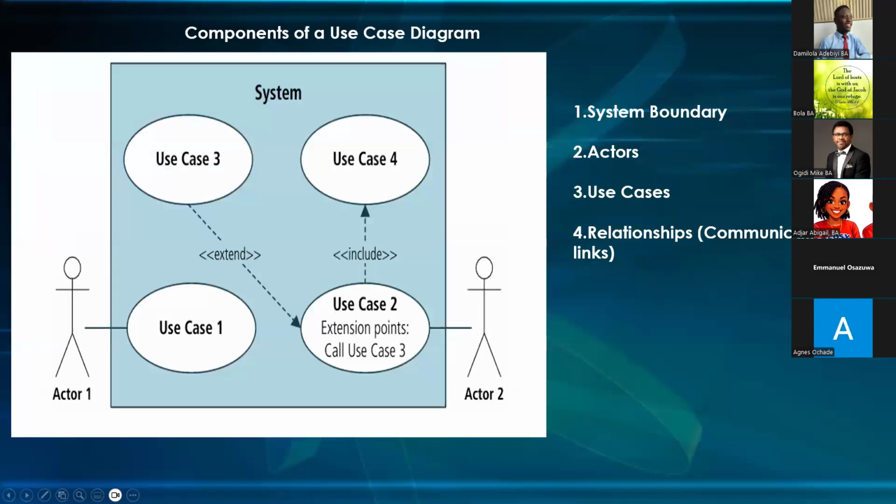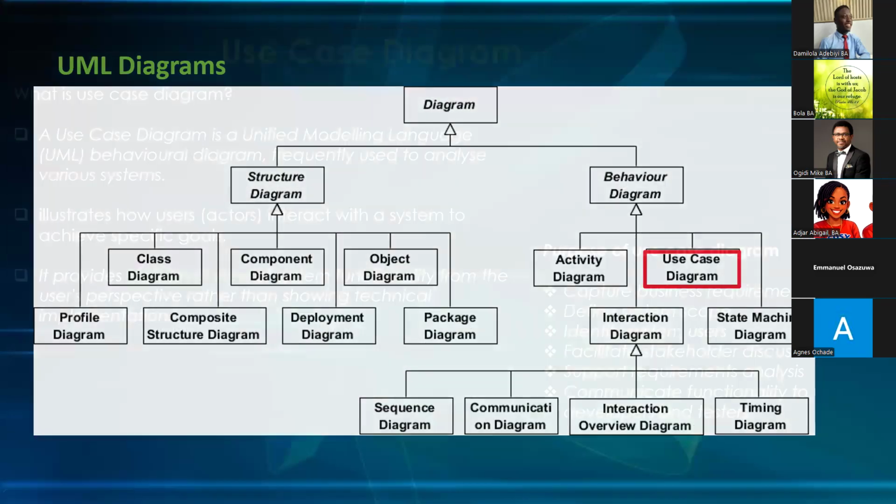So again, a use case diagram is a behavioral UML diagram that shows how the actors interact with the system. Now, the actors in this case are people using the system.